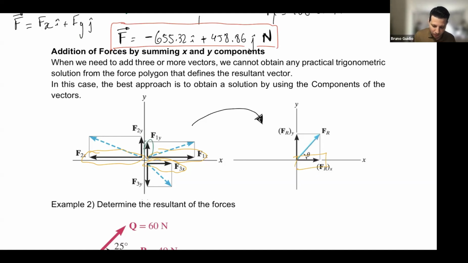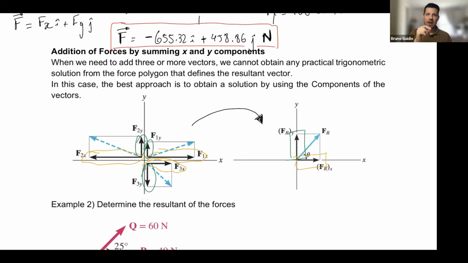Same, we sum y, y, and y, and we have this resultant in y. And how can we do that? Well, this is very good because we have x and y components. So in this way, it's much easier to sum different force vectors.